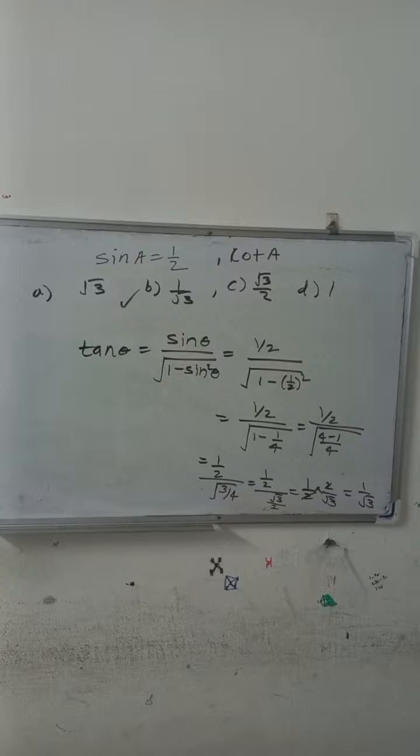The options given are: first 2 by 3, second 3 by 2, C 3 by root 13, and D is 2 by root 13.